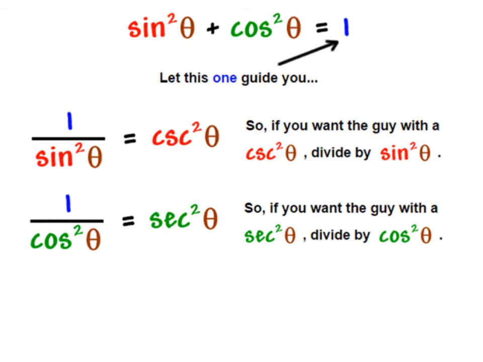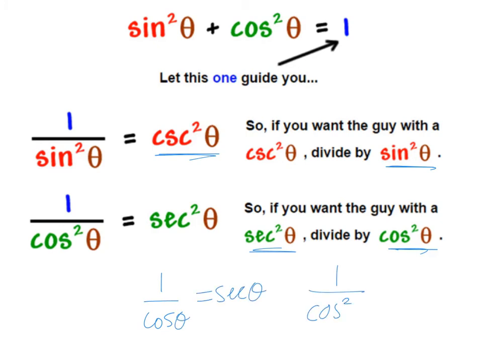So 1 over sine squared is going to be cosecant, right? So if you want the cosecant, you're going to divide by sine squared. If you want secant, you're going to divide by cosine squared. So remember, 1 over cosine is secant, and 1 over cosine squared theta is secant squared theta.